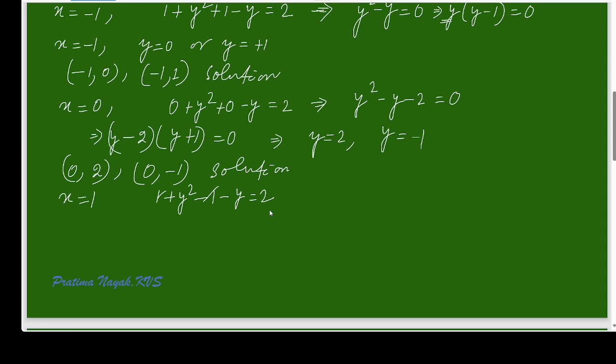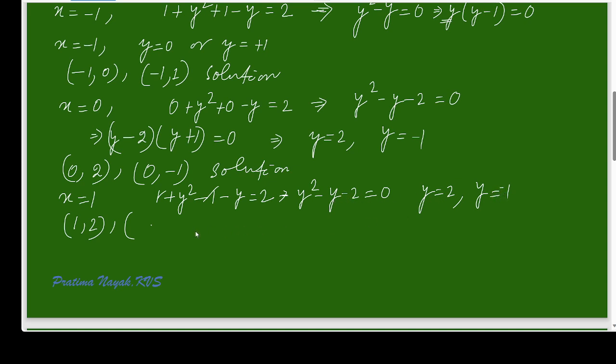Then I am getting the same answer. y square minus y minus 2 is 0, or y is equal to 2, y is equal to minus 1.